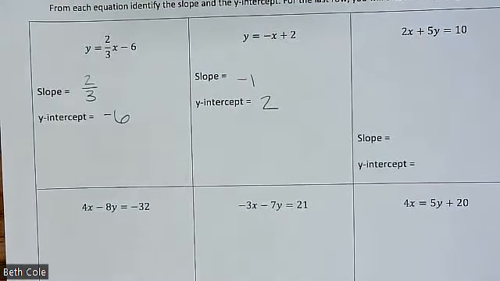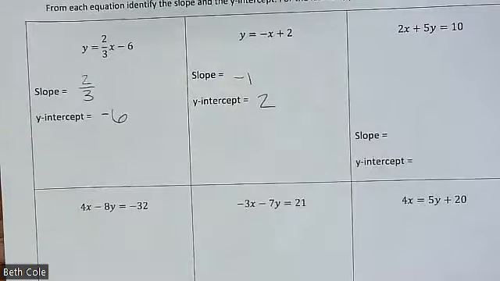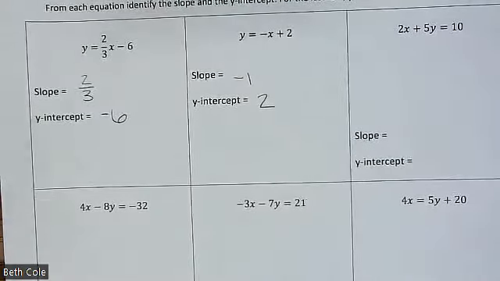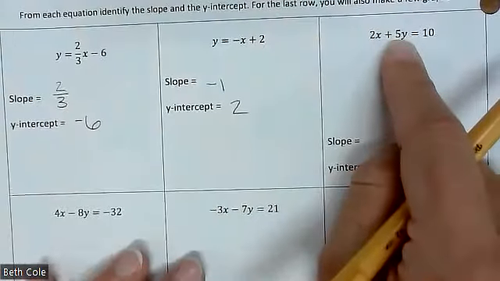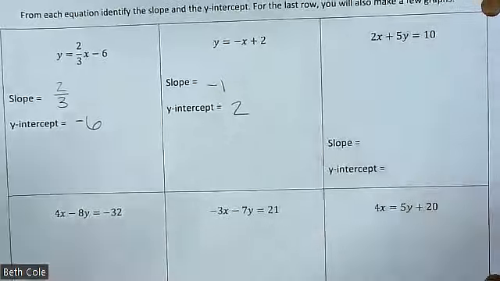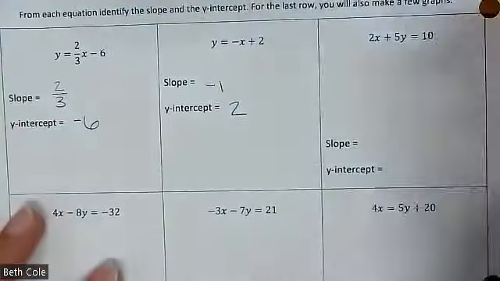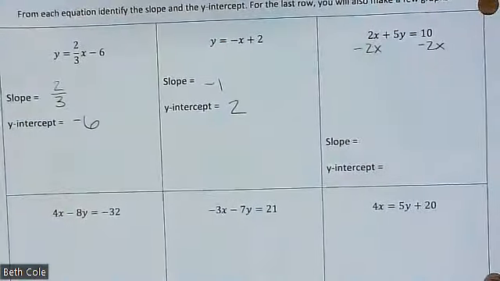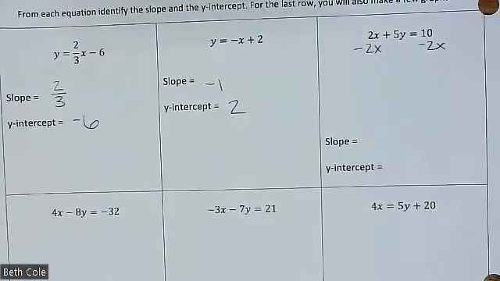Now these ones are gonna be mixed up. You have to get y by itself first. You have to rearrange. Algebra is just rearranging things. I'm going to take this and move it over here and take this and move it over here. That's all it is. We just want to get y by itself. So you would start by moving over the 2x. How would I move the 2x to subtraction? Good. You're going to subtract 2x from both sides. Now listen, you want it to be in y equals mx plus b.